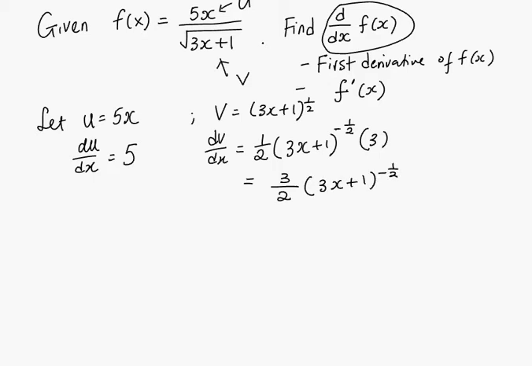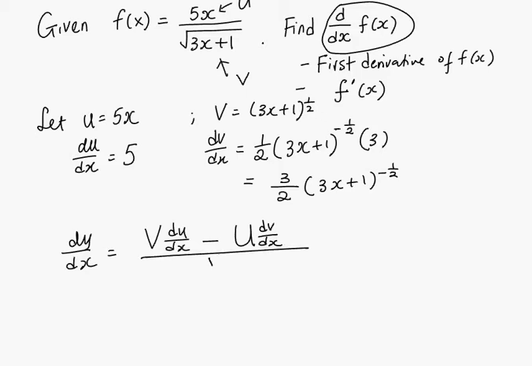this function. Now we use the quotient rule formula: dy/dx equals v du/dx minus u dv/dx over v squared.